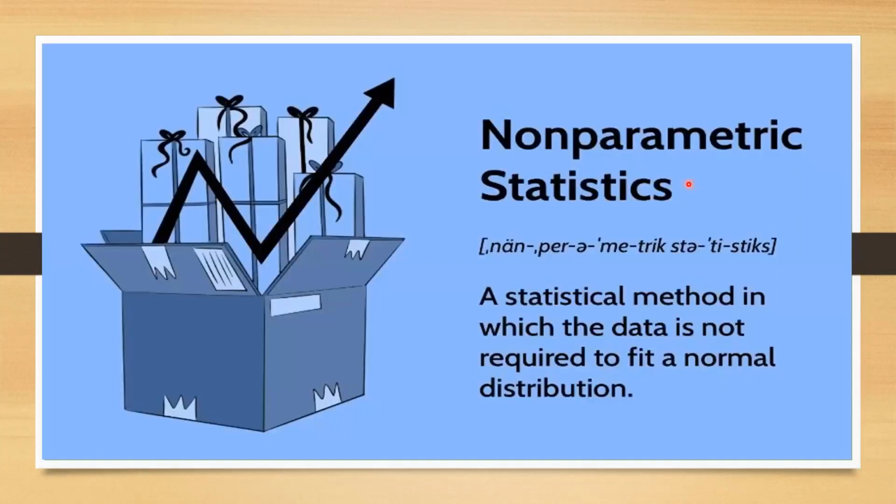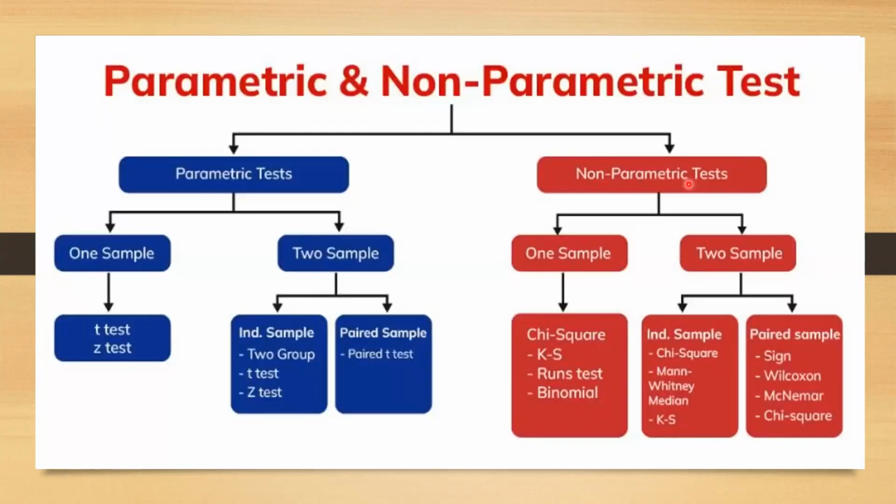Now, what is non-parametric test and parametric test? Parametric tests are essentially tests in which normality of your sample is assumed. In other words, if you plot a graph of your sample, you should have a bell-shaped curve. Is that clear?